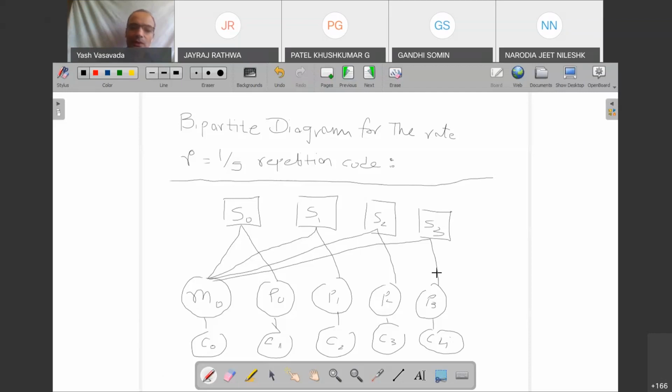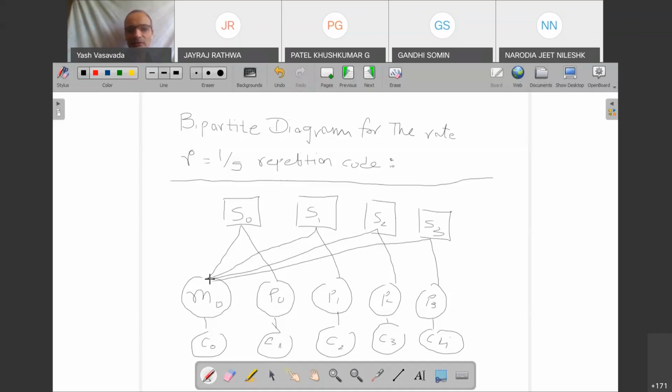Now, you can just look at this diagram and write the parity check matrix. Each row of the parity check matrix defines each of the supervisory nodes. So S0 is going to be 1, 1, and the other three connections are 0. So the corresponding row will have just 1, 1, 0, 0, 0. S1 defines the second row of the parity check matrix.